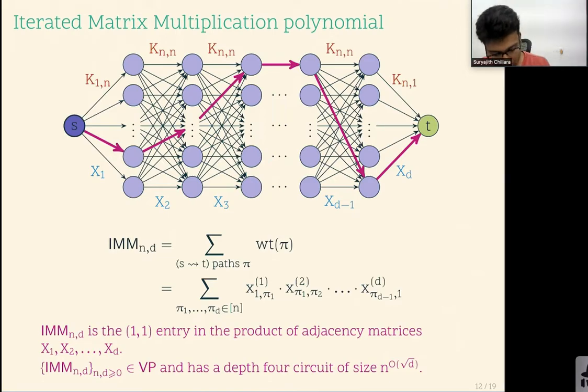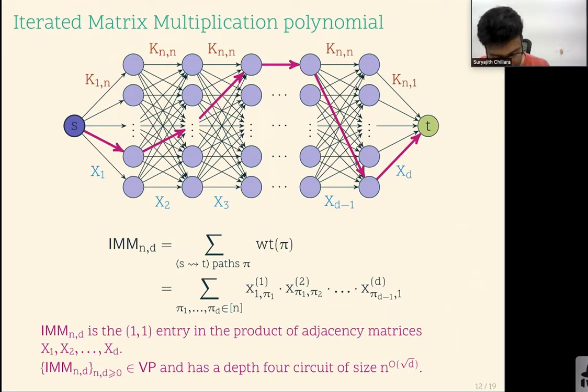So this polynomial, if you expand it, has a very nice structure, and alternatively this can be thought of as the 1 comma 1 entry in the product of the matrices X1 to Xd, where each of these matrices is defined on a disjoint and distinct set of variables.